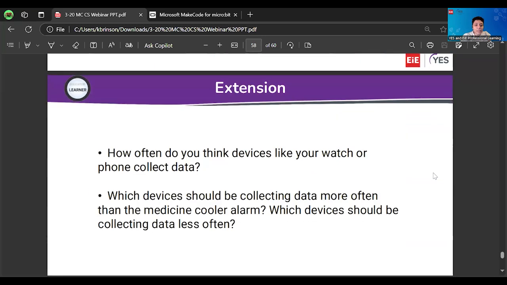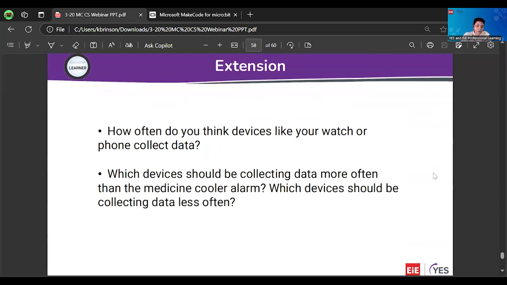And then last but not least, the extension questions are it's important to think about how often our data is collected for a device like a medicine cooler. And in this context, it should be considered because we don't need to have the algorithm looping every second. But maybe we need to think about how often our other devices collect our data, which devices should be collecting data more often.